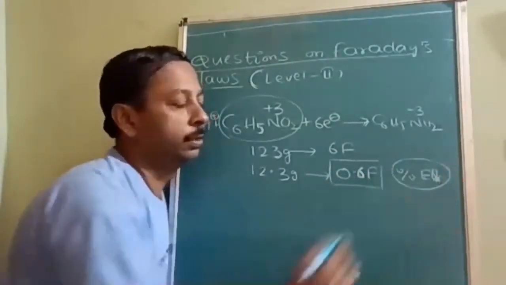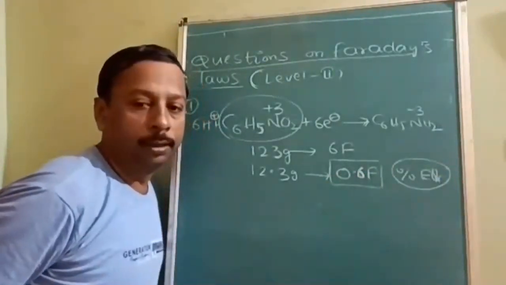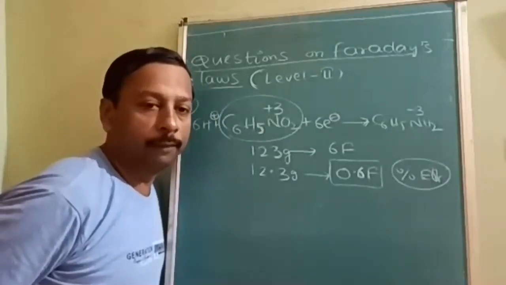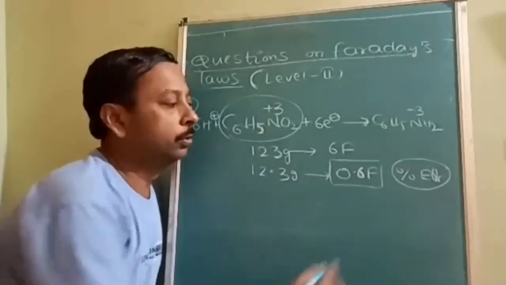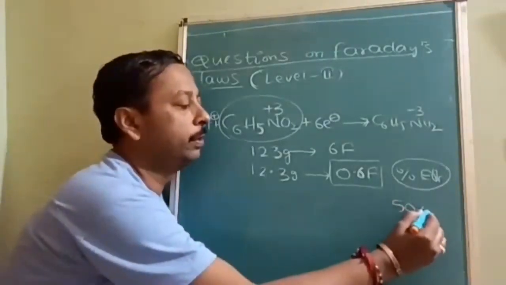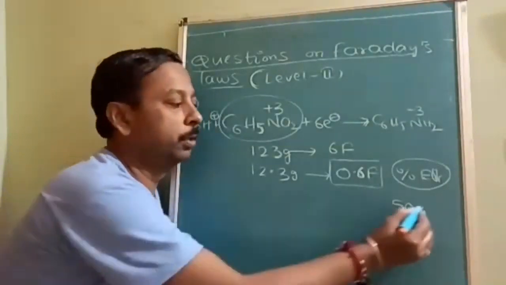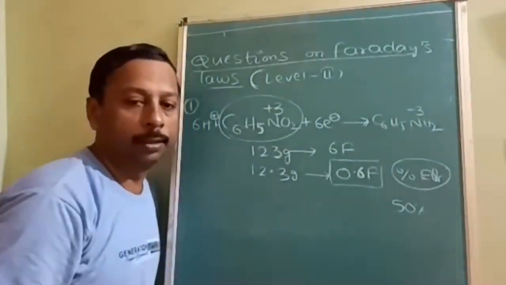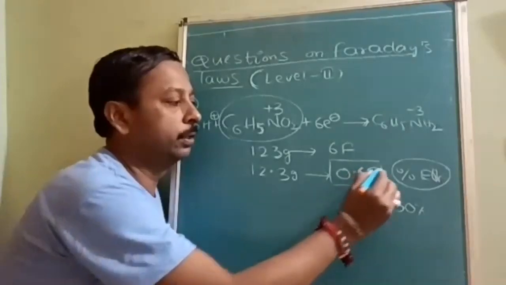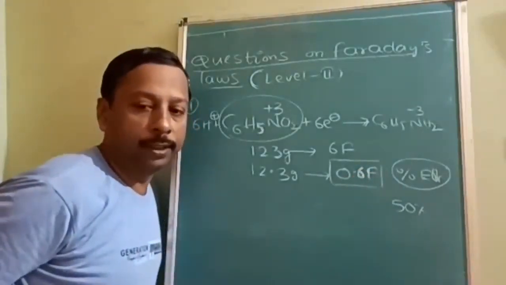Okay. But we don't have 100% efficiency. We have 50% efficiency only. So if 50% current efficiency, then how much Faraday should we supply? Quantity of electricity when only 50% efficiency.